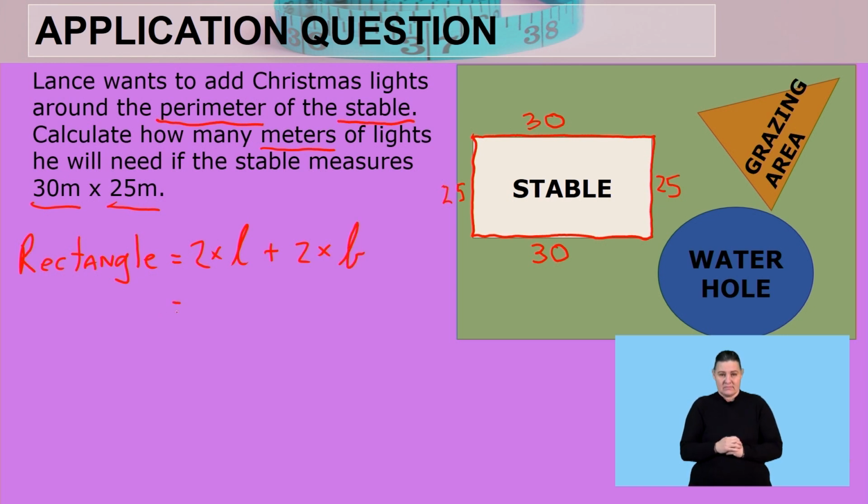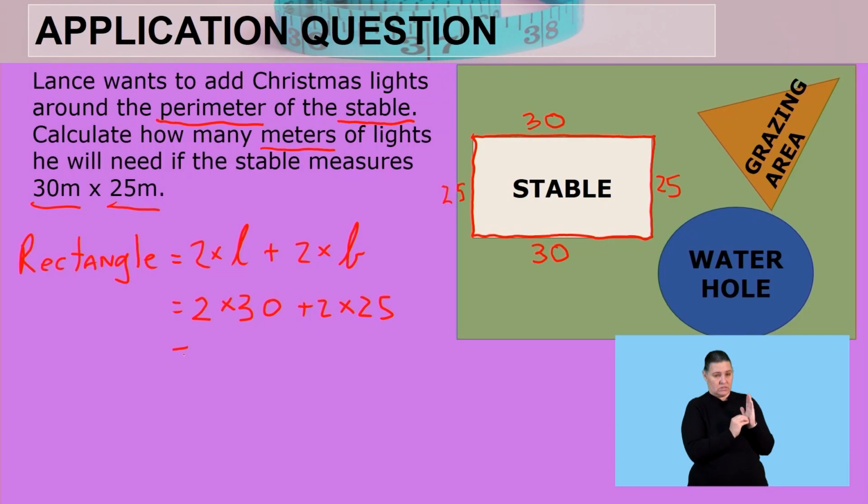So that's 2 times 30 plus 2 times 25. Then we let the calculator work for us. We get 110 meters. Nice work.